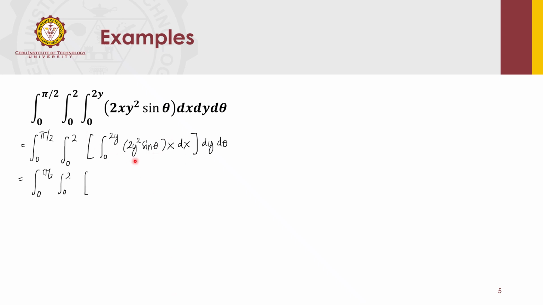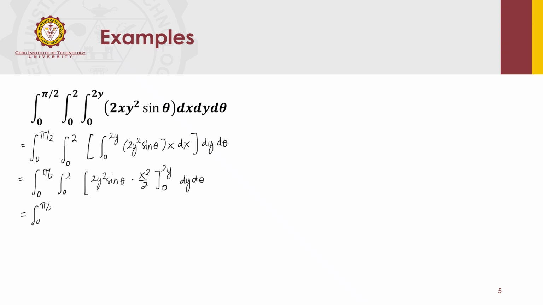We have the constant times the integral of x dx, which is x squared over 2. So that's 2y squared sine theta times x squared over 2, evaluated from 0 to 2y, and later integrate with respect to y and then with respect to theta.